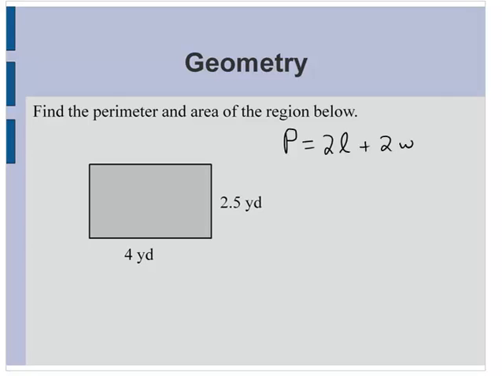Since there are two lengths and two widths in a rectangle, we can simplify that formula. So the perimeter then would be 2 by 4 yards plus 2 by 2.5 yards, following the order of operations, would give us 8 plus 5, or 13 yards.